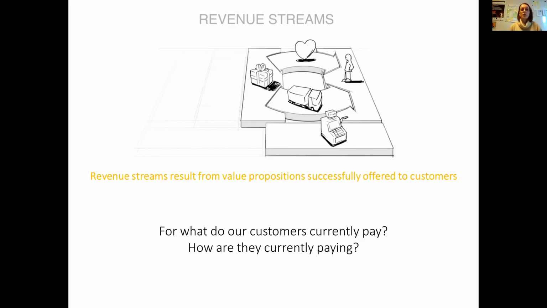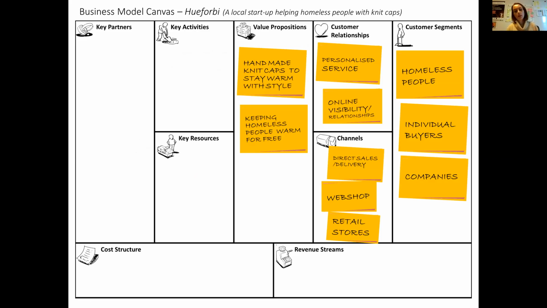Considering our case, as the only customer segment paying for our products are the commercial customers, and thinking about what they are paying for, our revenue streams should come from any ideas, or should I just go on?